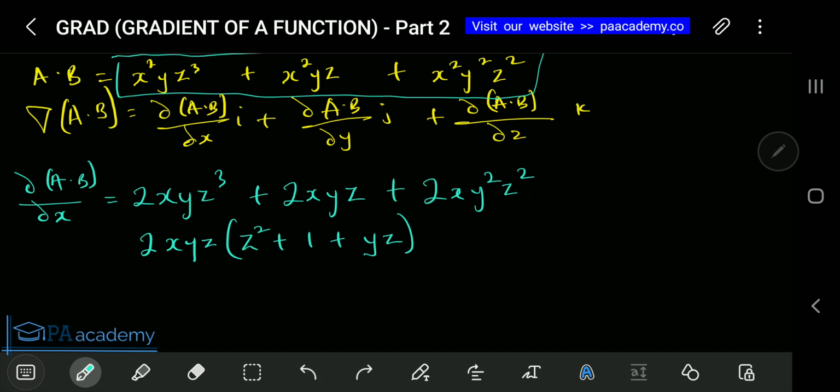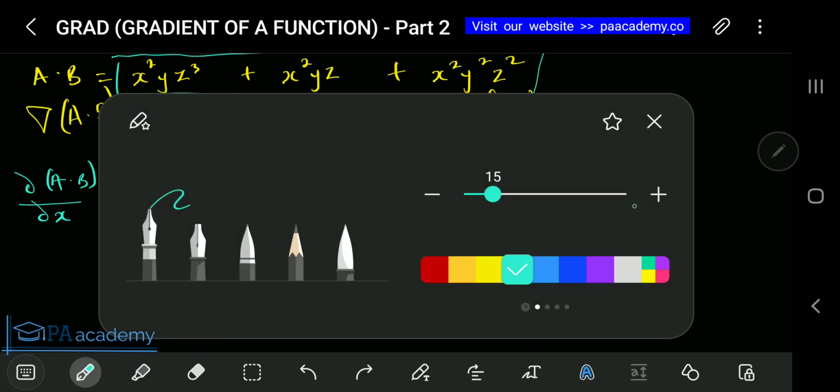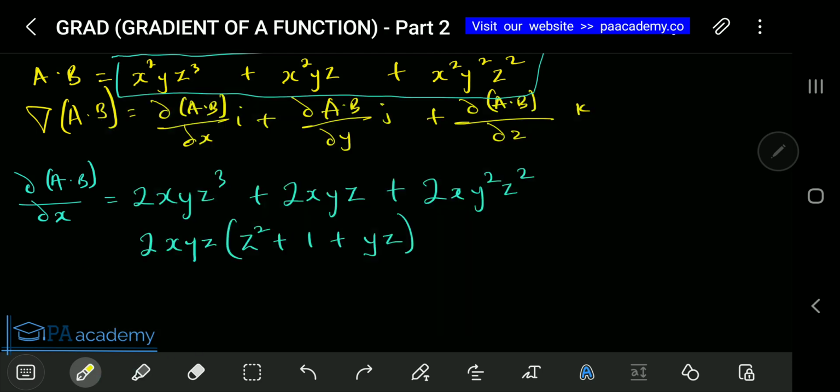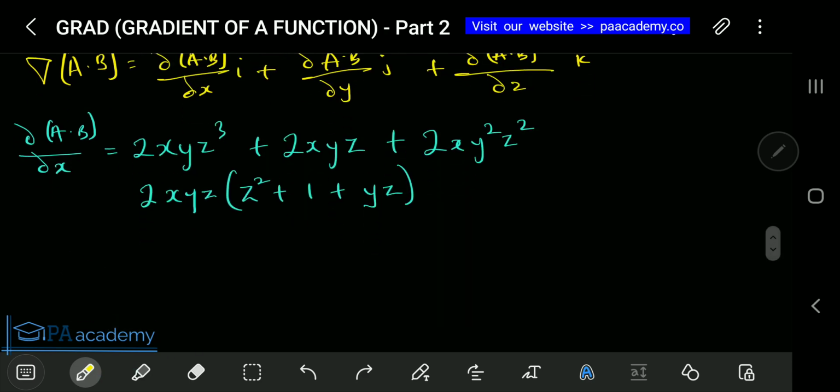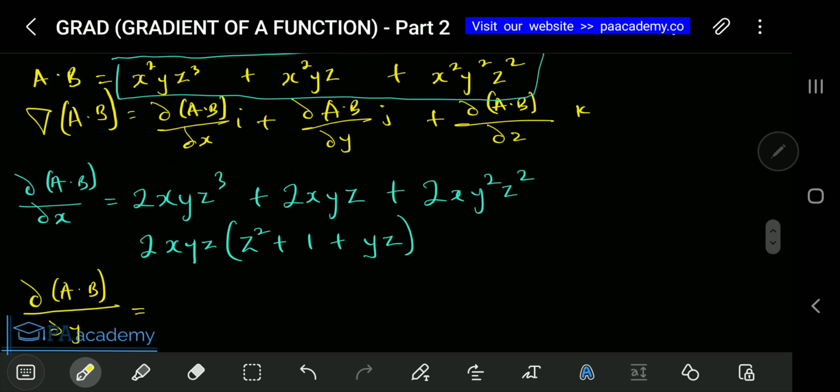So let's do the second one, which is the partial differential of the cross product of a and b with respect to y. Okay, all right. If you differentiate y, it is 1, so that means our x squared and our z cube will be a constant.